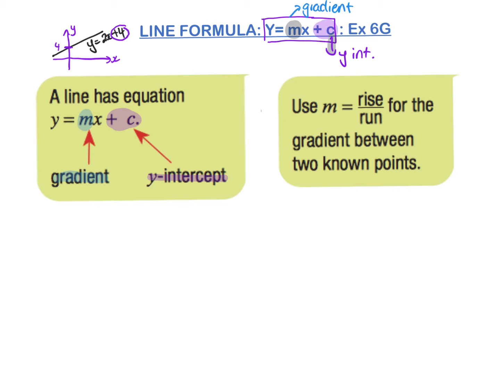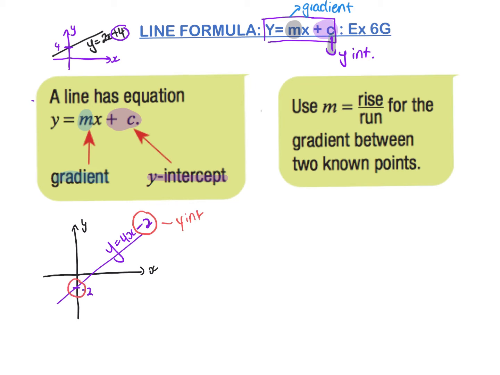So for example, if your straight line crosses down here, say that's -2, that equation might look like y equals 4x minus 2. So you can see that this bit is the y-intercept, and that's where it crosses down there, okay?